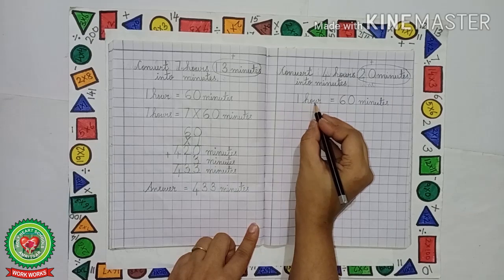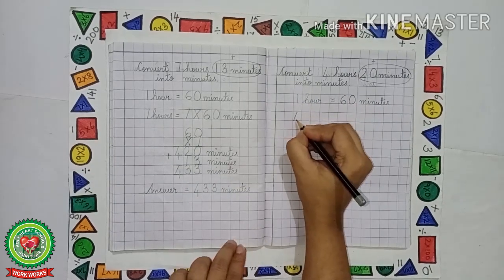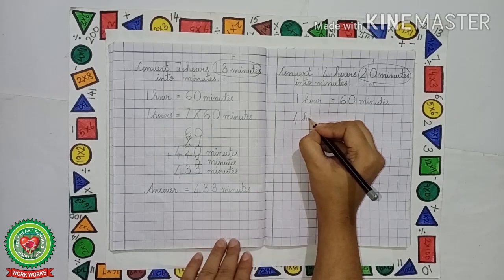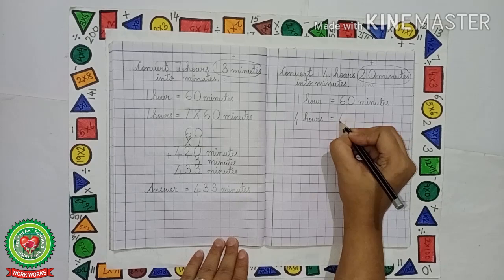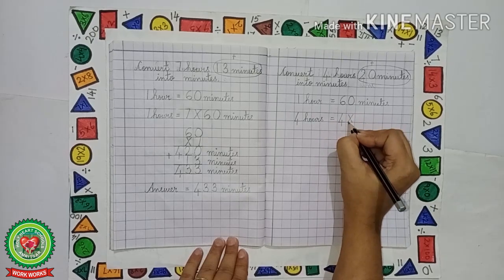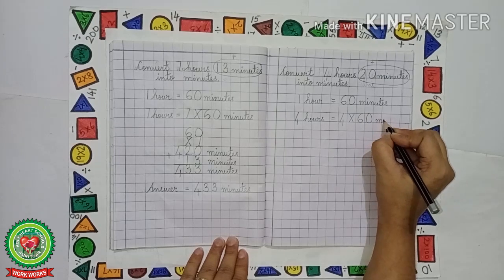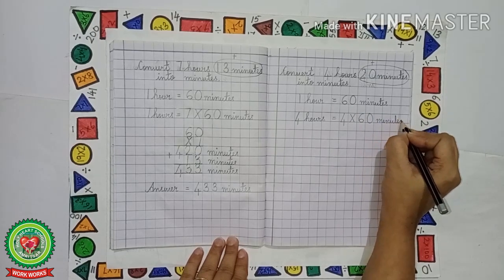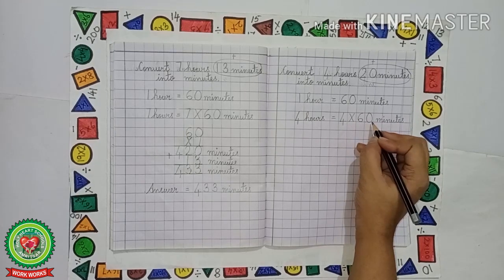So, if 1 hour is equal to 60 minutes, that means 4 hours will be equal to 4 multiplied by 60 minutes. That means 4 hours multiplied by 60 minutes.